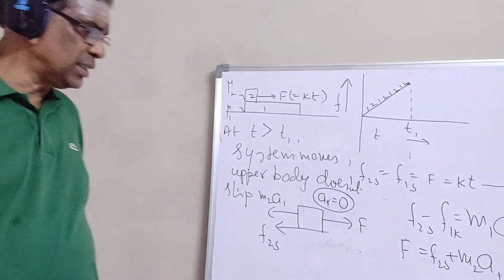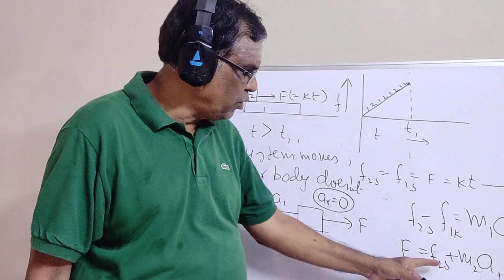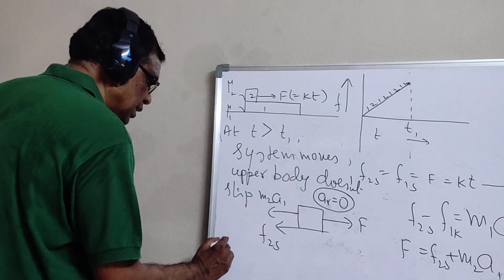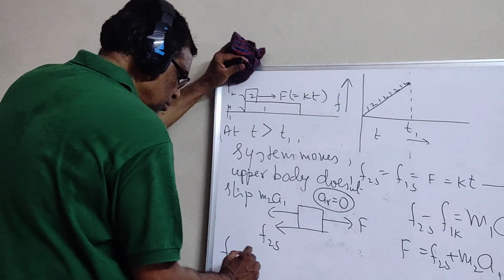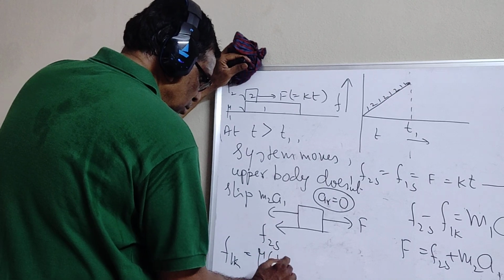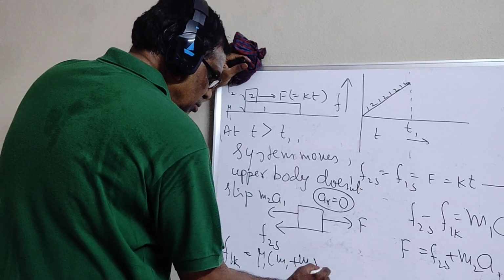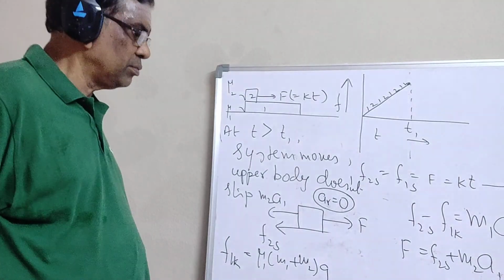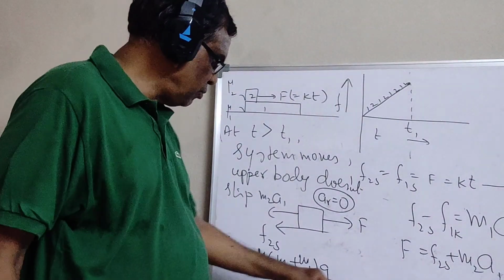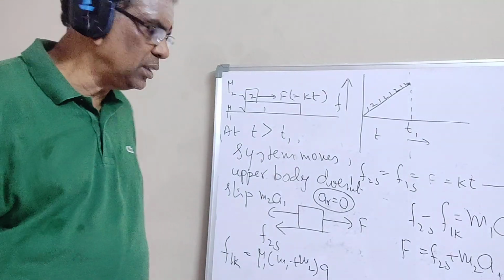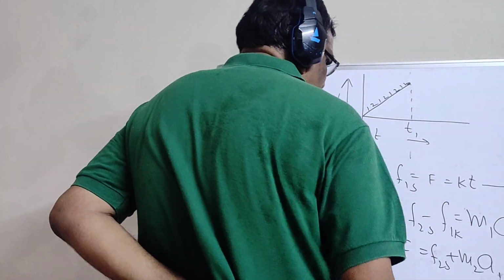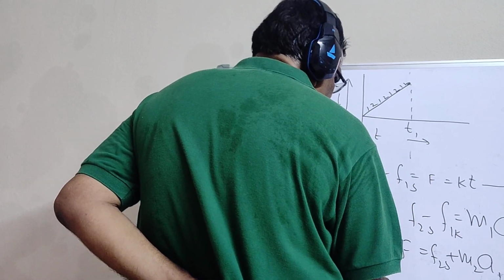What is our interest here? We will find out what F1K is, basically mu1 into M1 plus M2 into G. Isn't it? F1K will have a constant value. Fine, we will see. What is F2S? We will find out from here.